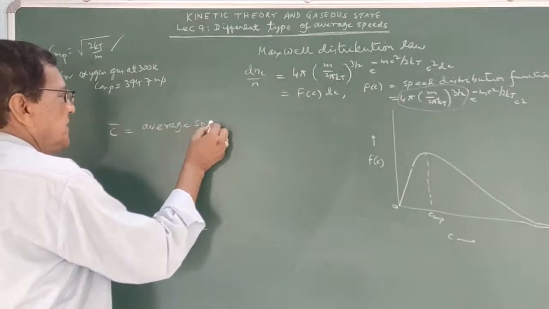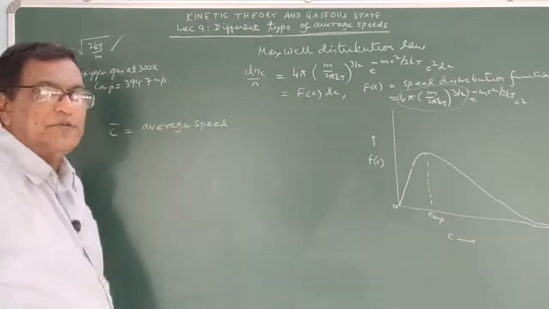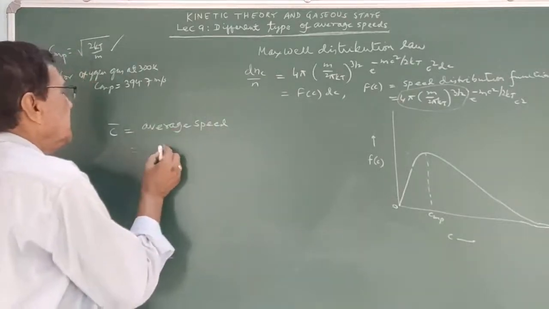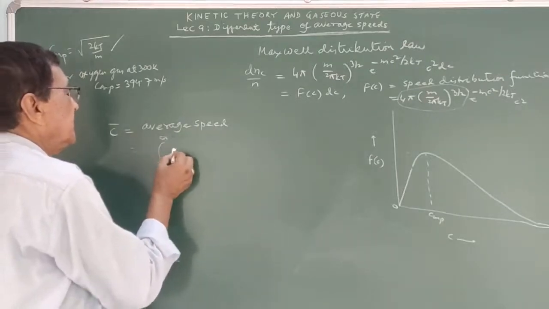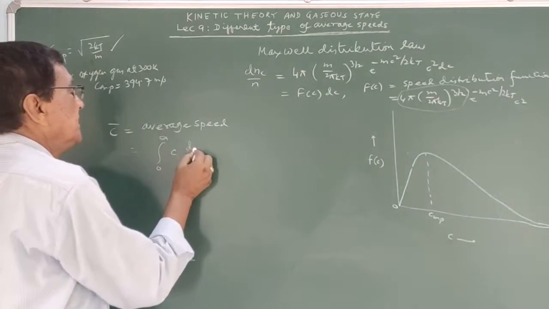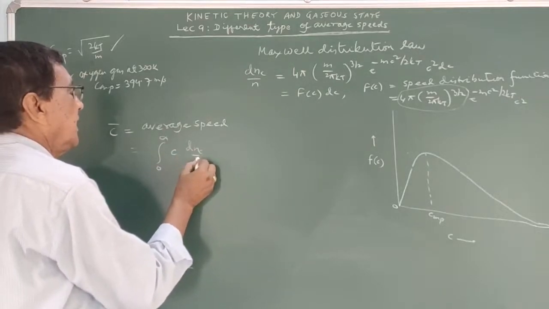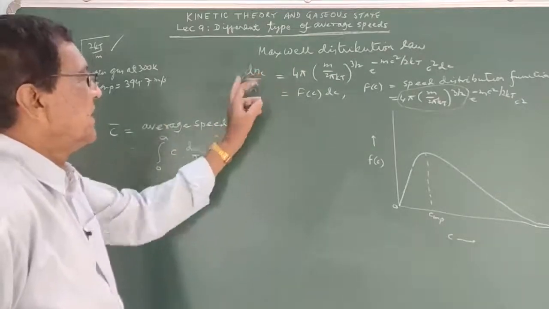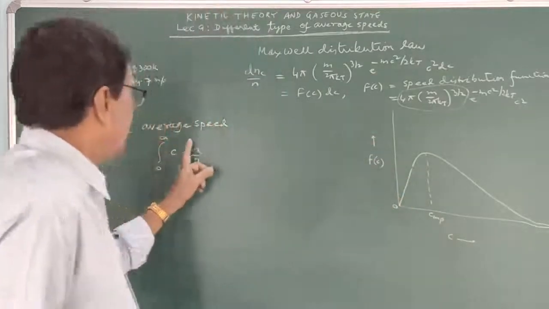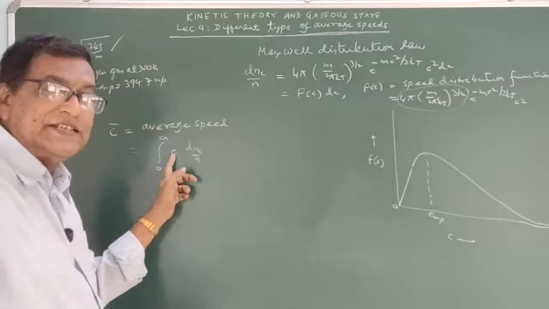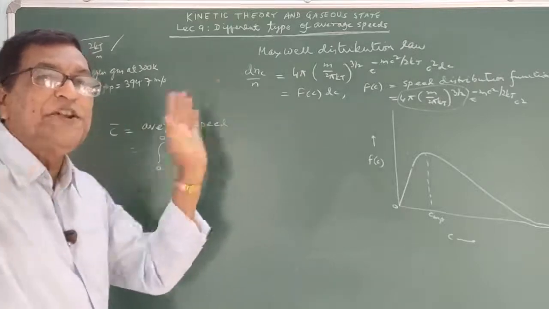So C bar, which is the average speed of the molecules, will be the integration from 0 to infinity of C times dn_c by n. This fraction is the probability of a molecule to have this value C, and C ranges from 0 to infinity.